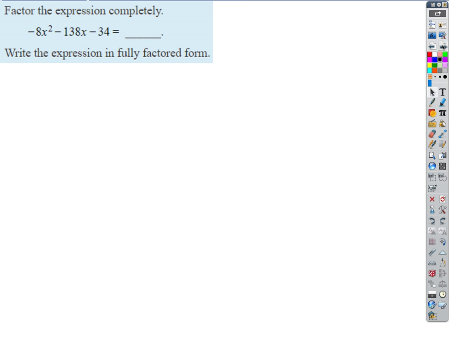One more. How about this one? What's our GCF this time? Okay, 2, but the greatest common factor always needs to have the sign of the leading term. So it's not 2, it's negative 2.